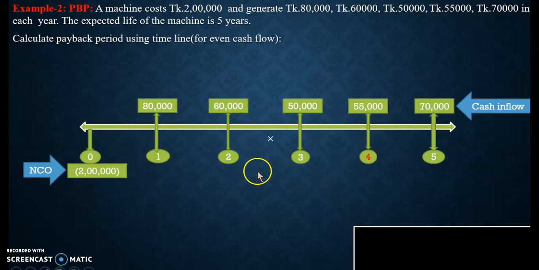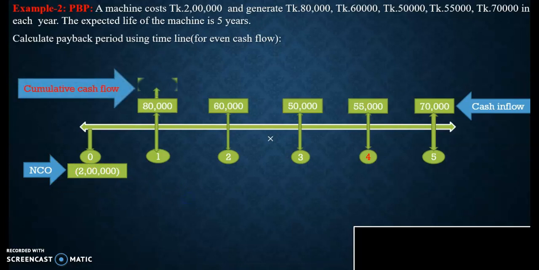Dear students, look at the timeline. Here cash inflows are not equal. They are variable cash inflows, that means this is an uneven cash flows timeline. Now we accumulate all cash inflows to recover our initial investment. Cumulative cash inflows for the first year taka 80,000, second year taka 1,40,000.